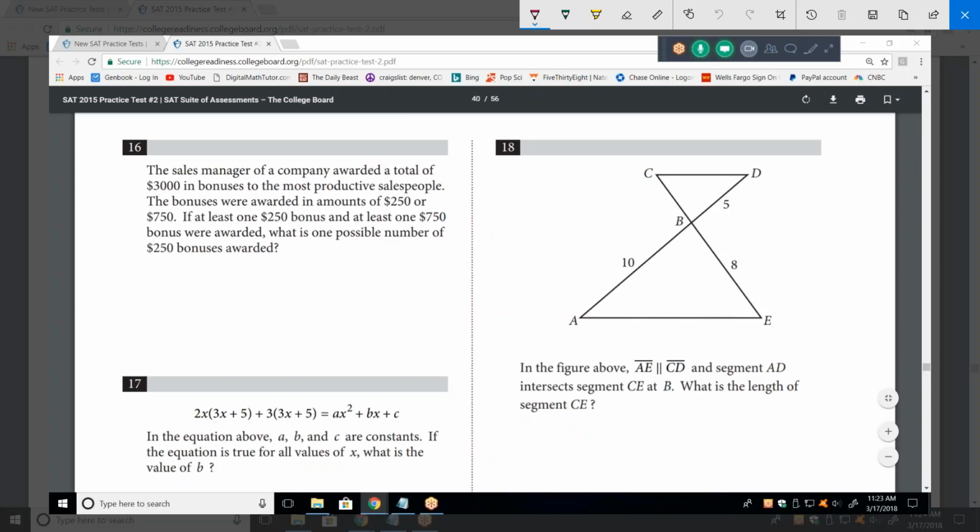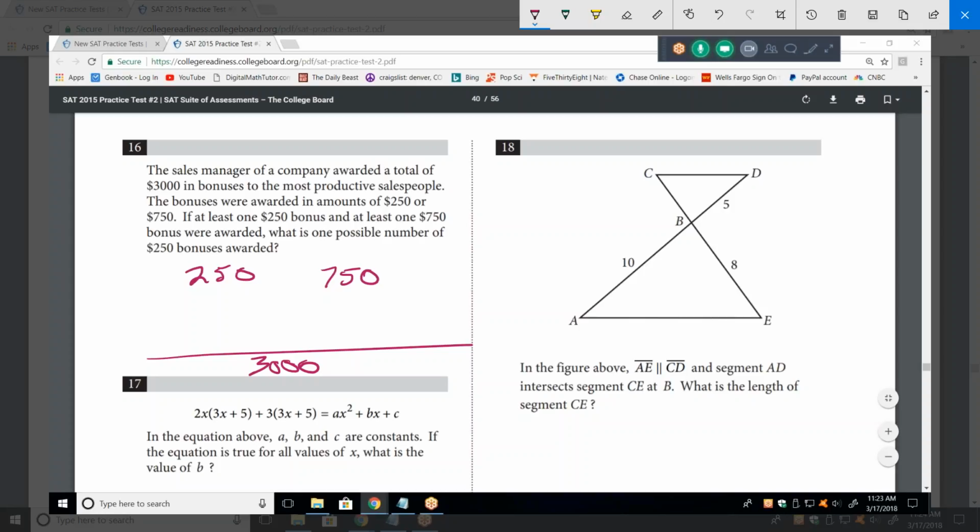So far we got an award of $250 and $750 out of a total of $3,000. And all of the other bonuses have to be $250 or $750. How much is left to award?